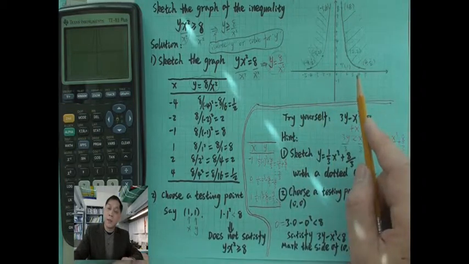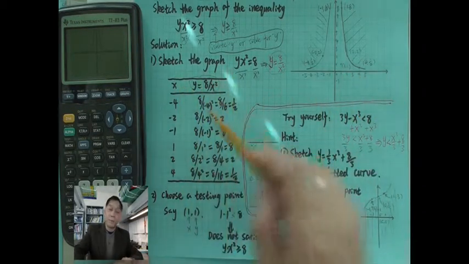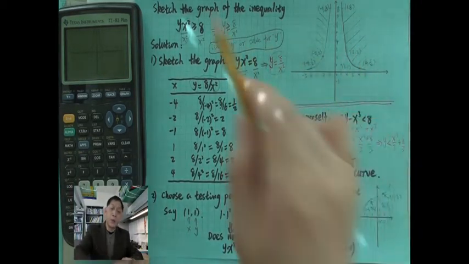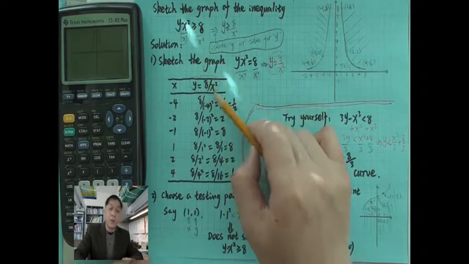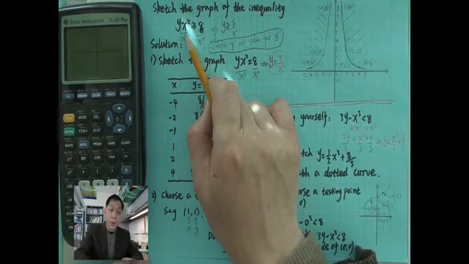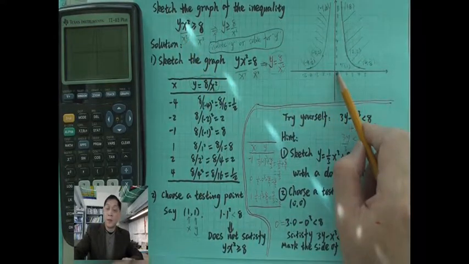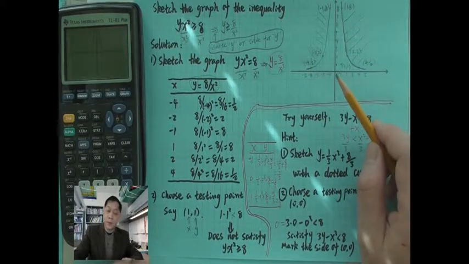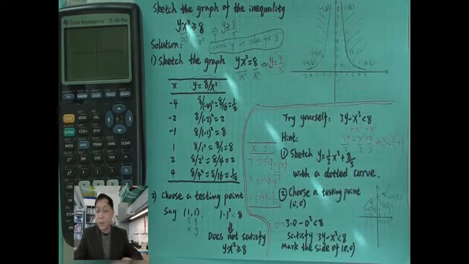That's step 1. Step 2, choose a testing point in either this region or that one. If you plug in (0, 0) and it does not satisfy, then it should be the other side. So it's basically not that hard.